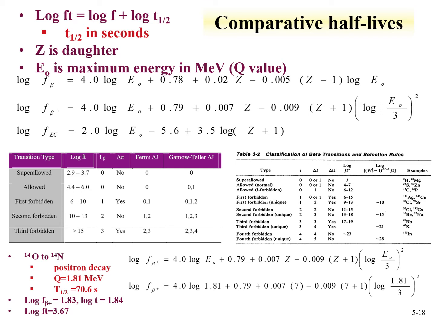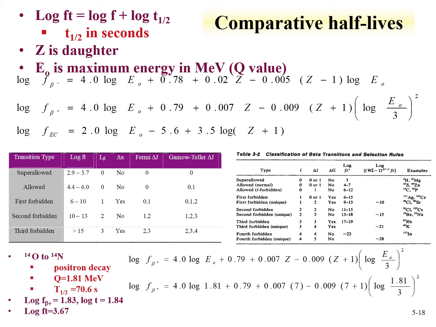By doing this, we can get a range of log Ft values that basically break decays into allowed transitions, first forbidden, second forbidden, third forbidden. I put 2 tables here that you'll find in the different textbooks that describe the ranges for the forbidden transitions, or the allowed and the forbidden transitions.